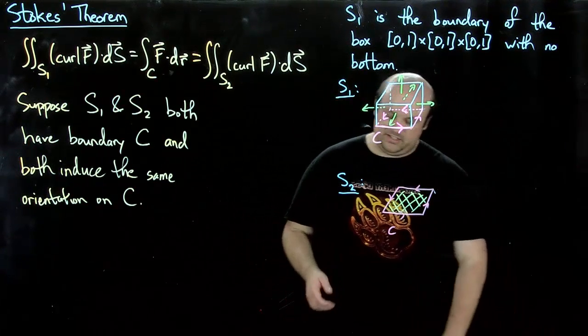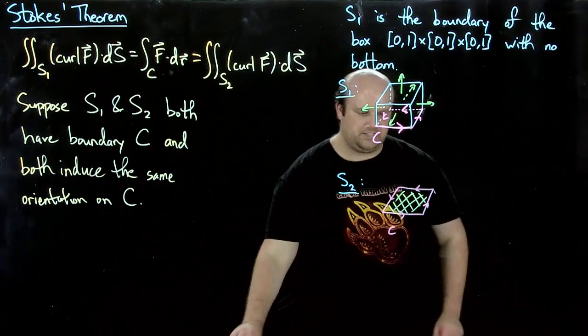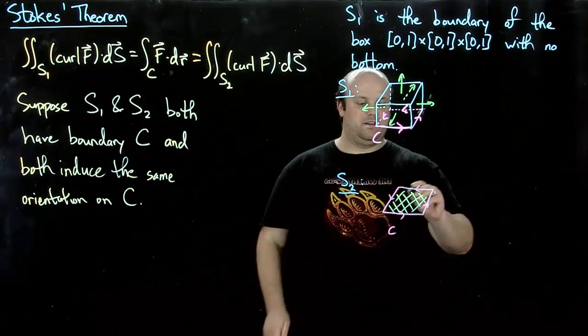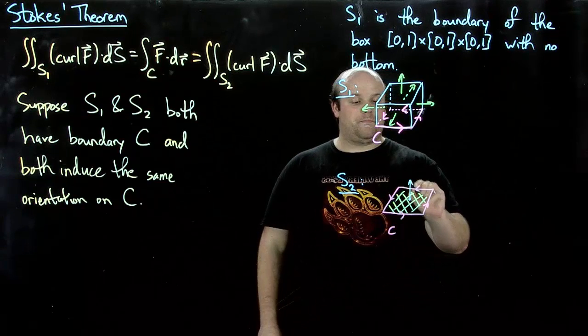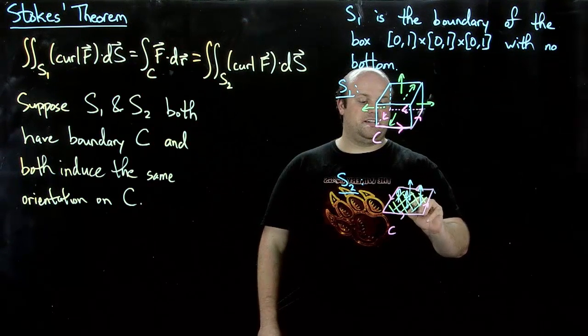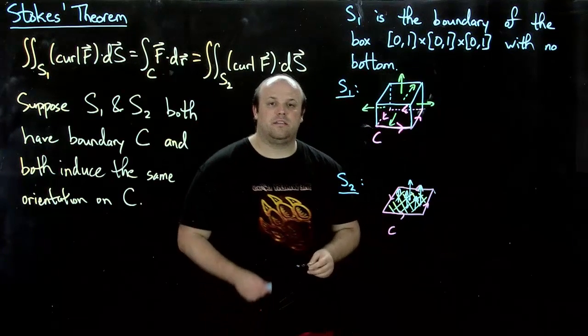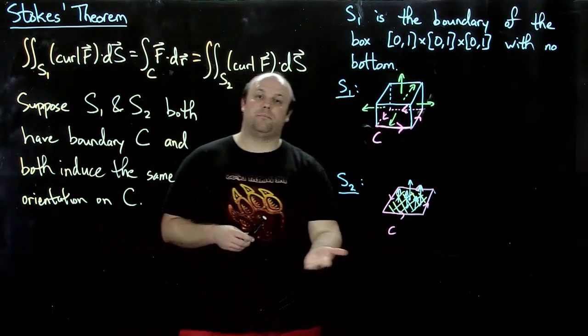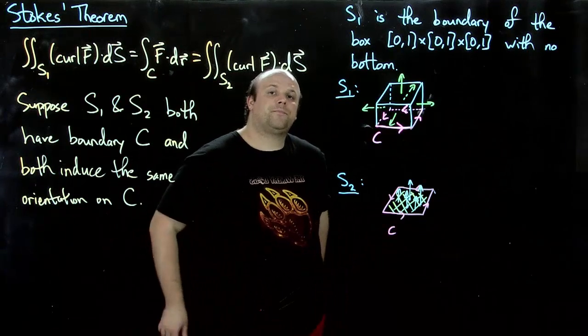So what should the orientation on that look like? Let's use blue because I think the green might clash a bit. Well, we should again want the upward orientation on the bottom of the box.